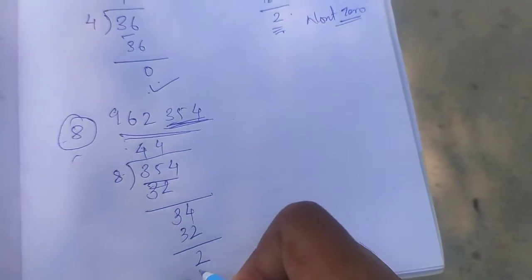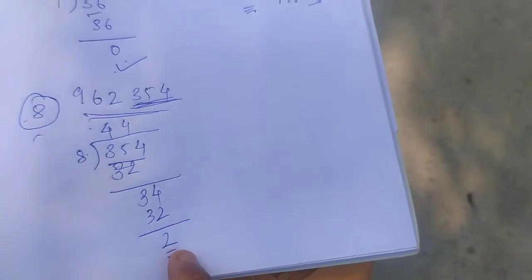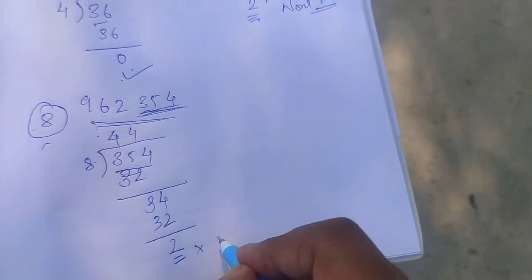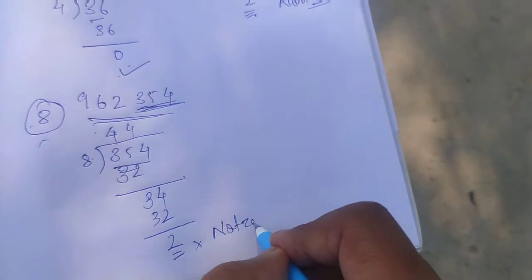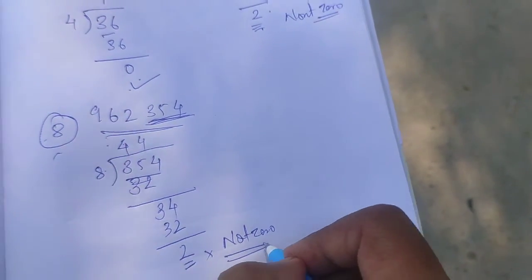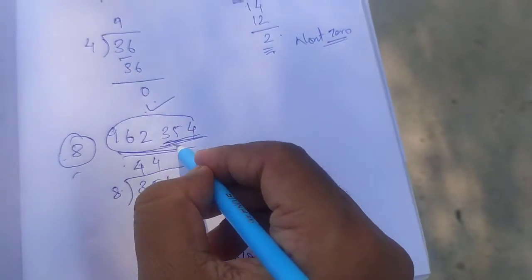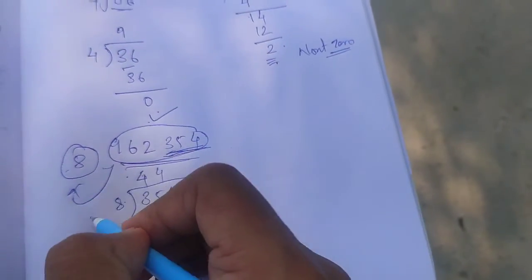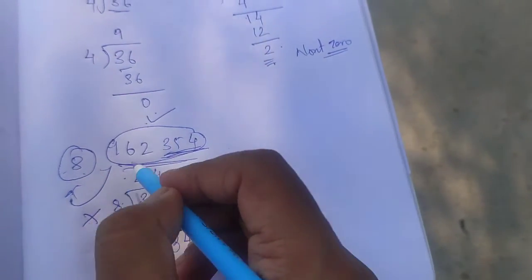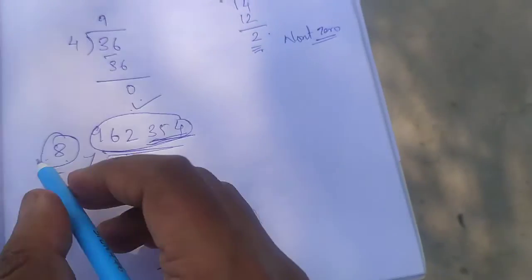We got remainder 2. So here the remainder is 2 and it is not 0. Because it is not 0, this number is not divisible by 8.